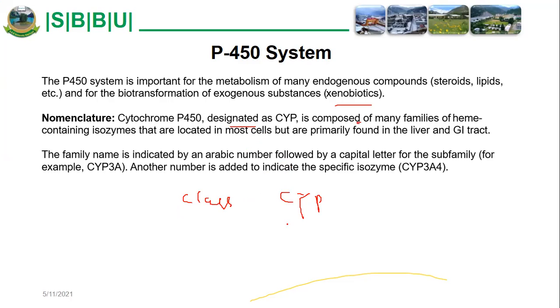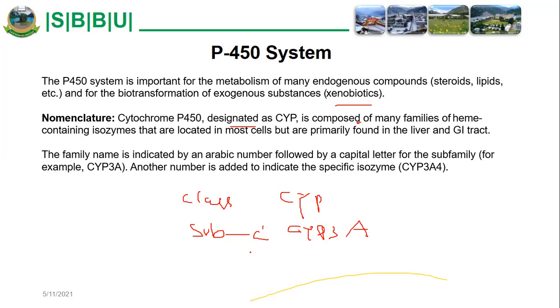This is the class. While the subclass is written by attaching certain numbers or letters, as in cytochrome P, you can say, like 3A, let's suppose. So that becomes the subclass.